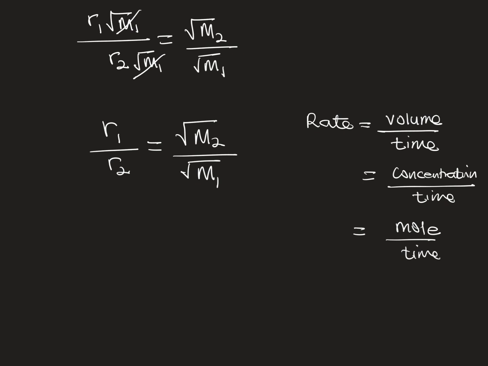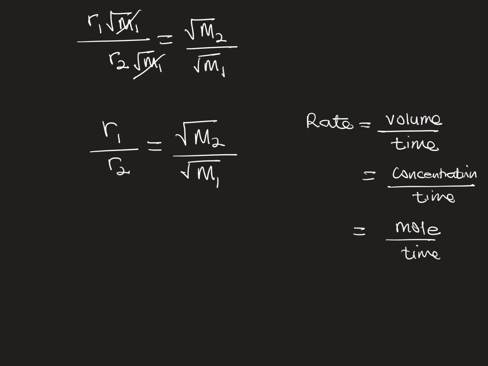Okay? So what I just want you to understand is the rate actually explains how fast or slow something is. So if we are talking about the rate of diffusion of a gas, we are actually referring to how fast or slow the gas is diffusing.